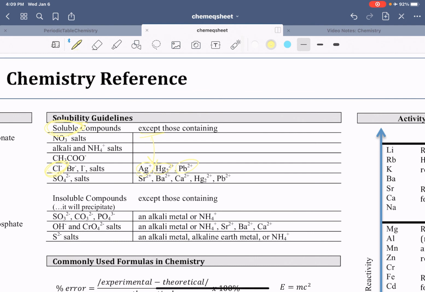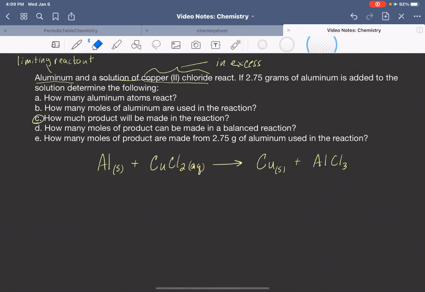Now, we don't have either one of those cations in this compound, so it's soluble, right? So I can back all that up. I want to always walk away from this with a clean slate. So we know that this would be an aqueous solution.